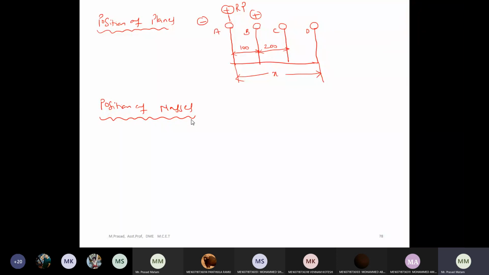Already they have given the angle between B and C is 100 degrees. Similarly, B and A is 190 degrees. And we need to find out the angle made by plane D. That is theta D, which we need to find.